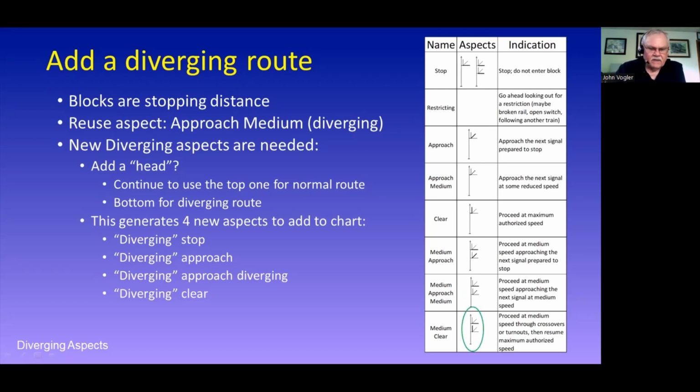And then we have the diverging clear, which says the main route's not available, but the diverging route is clear, at least as far ahead as we can see. So those are the new aspects, the new aspect chart, and this is the full aspect chart except for the restricting that we need for the model railroad.